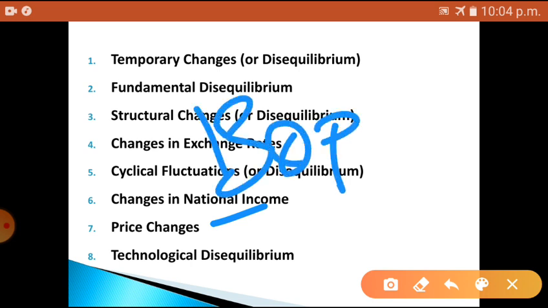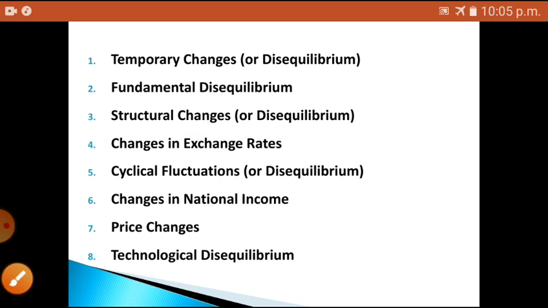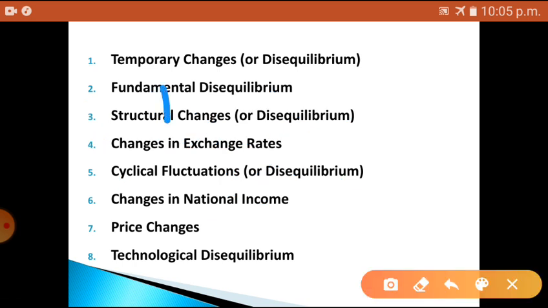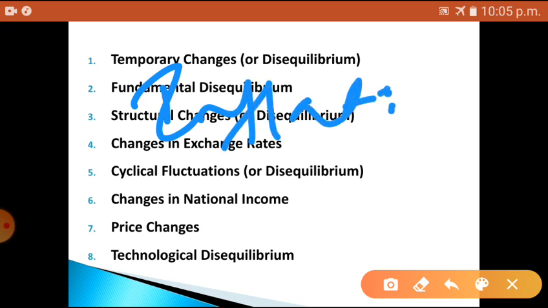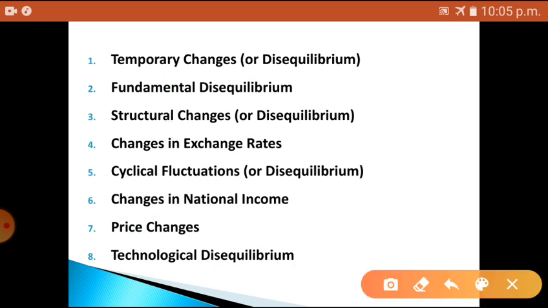Suppose there is inflation in the country, where the price of exports will increase, as a result of which exports fall.